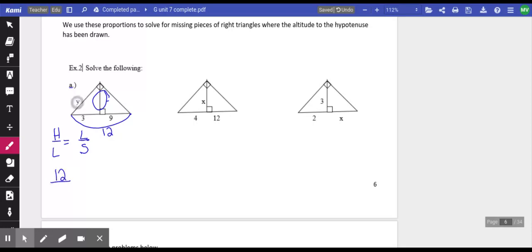And then I'm looking for Y. So that's my leg, because that's the leg in the big triangle, equals Y over. Now I'm going to use 3 because 3 is the closest one to Y. And then I solve that by cross multiplying. So I get Y squared equals 36. I then take square root of both sides, so Y equals the square root of 36, or 6.